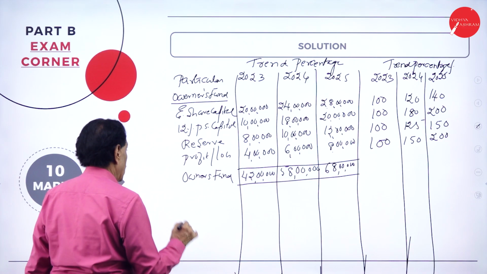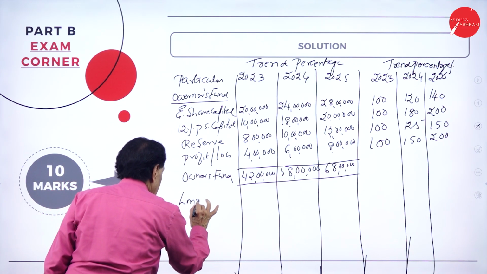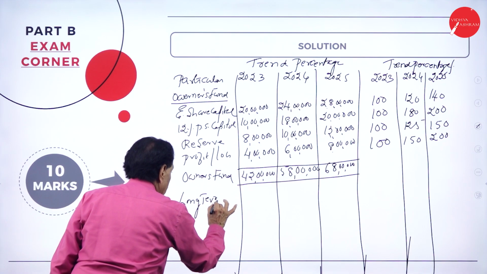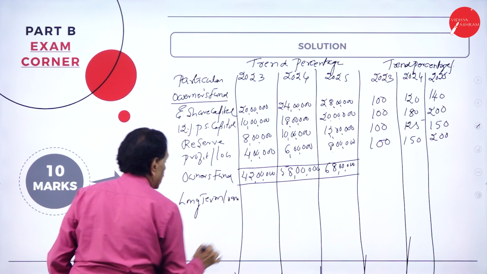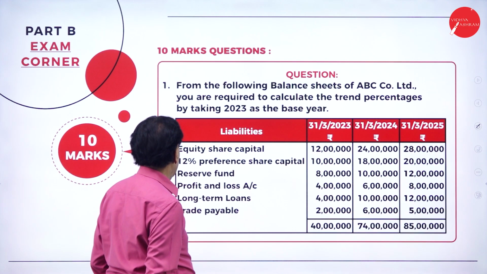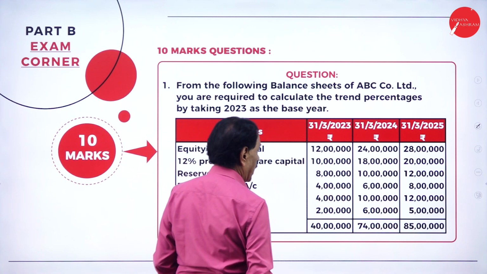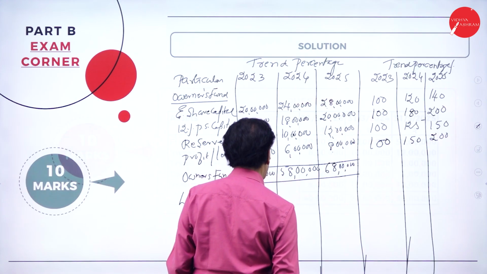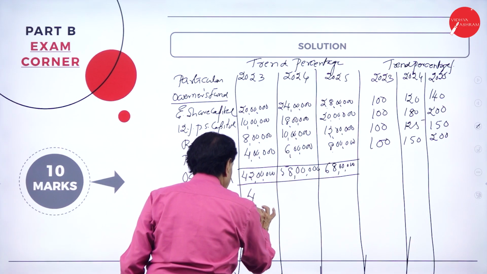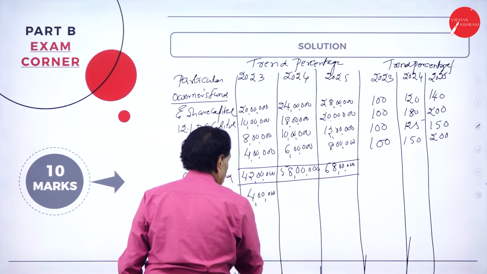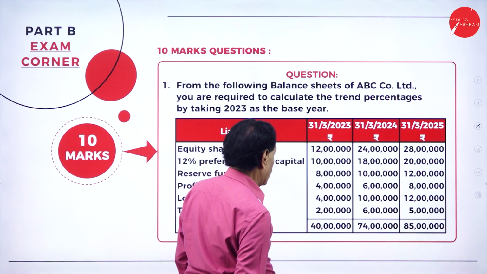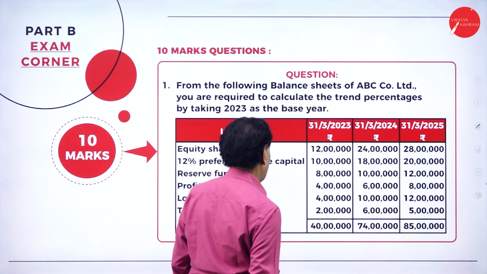Then long-term loan: 4 lakh, 10 lakh, 12 lakh.